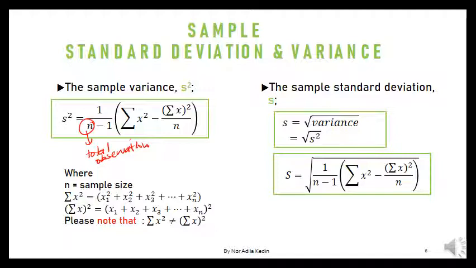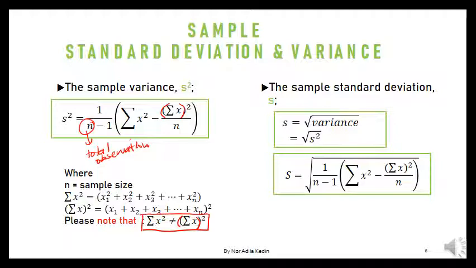Summation of X squared adalah hasil tambah X yang dikuasa 2 kan. Okay, please note that summation of X squared yang ini tak sama dengan kalau dah bracket kuasa 2. So here again, N adalah sample size ataupun total number of observation.